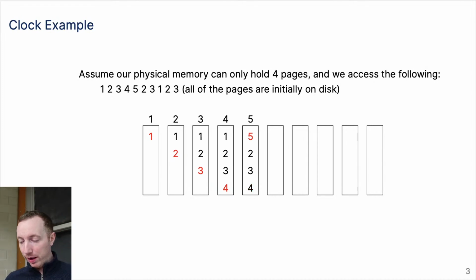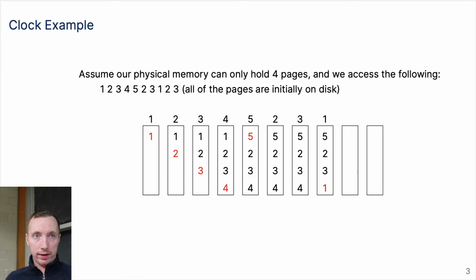Remember when we accessed pages 2 and 3, since they're in memory, it would also update the reference bit. Then when we accessed page 1, that's when we had our miss, and we replaced page 4 with page 1. The next 2 accesses were in memory. So if we count this, we had 6 page faults.